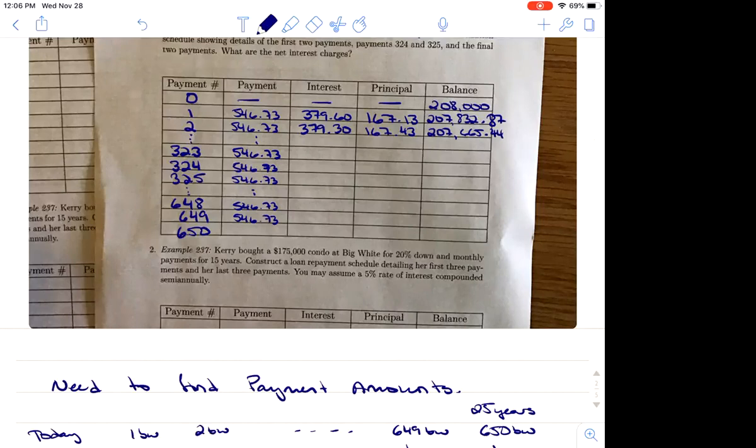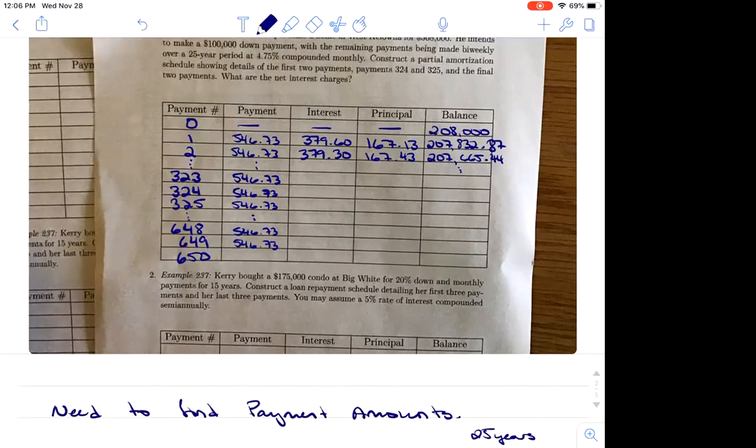Yeah, of course. So this just keeps going and going. Like I said, I tell you to show rows 324 and 325. Same thing on here, but I ask you to show the 121st and the 122nd payment.